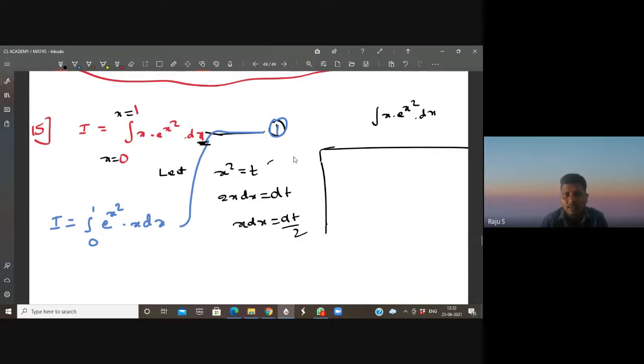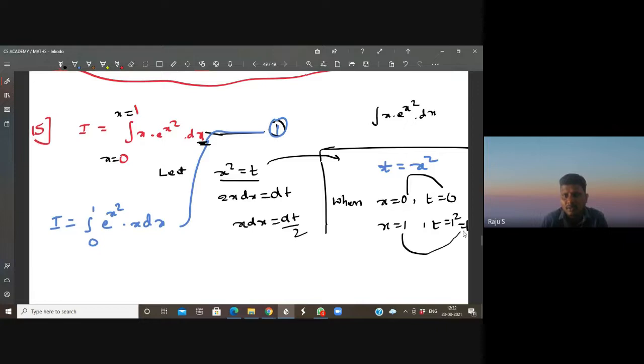What is the condition here? Condition is t is equal to x square. Now, when x is equal to 0, what is the t value? 0. When x is equal to 1, what is the t value? 1 square, that is 1 only. When x is equal to 0, t also 0.